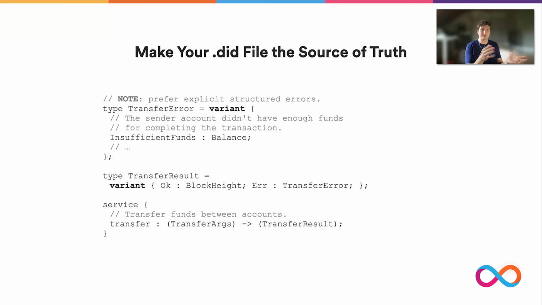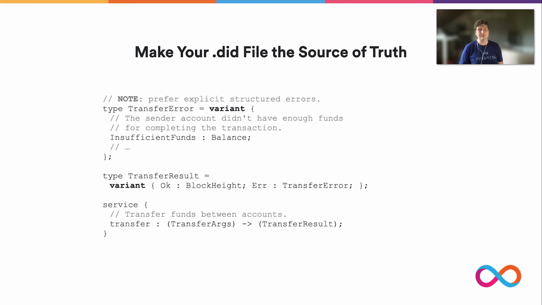You use the Result type with an Ok result and the error result, and the error result is an enum. A variant in Candid is basically an enum. Don't forget to put comments in there. The interface I put on the screen is kind of the interface of the ledger canister, as it should be, and probably will soon be.